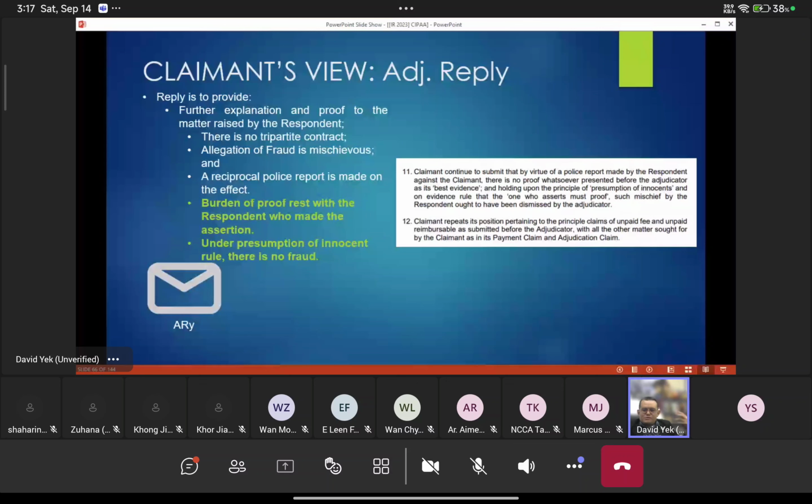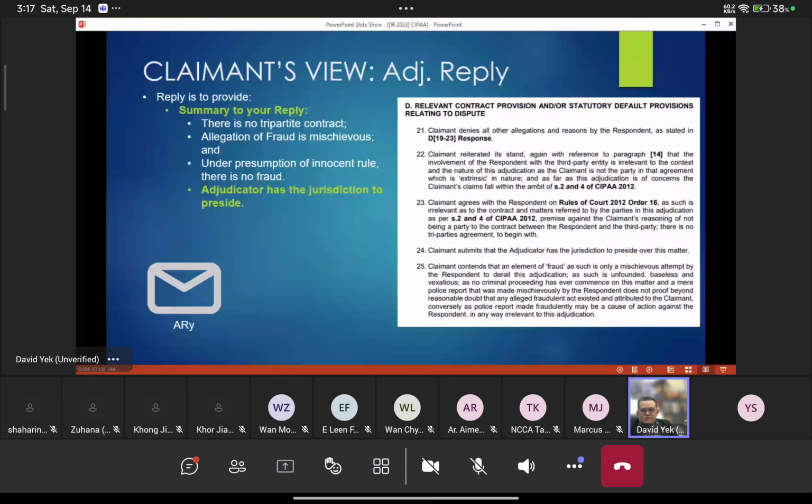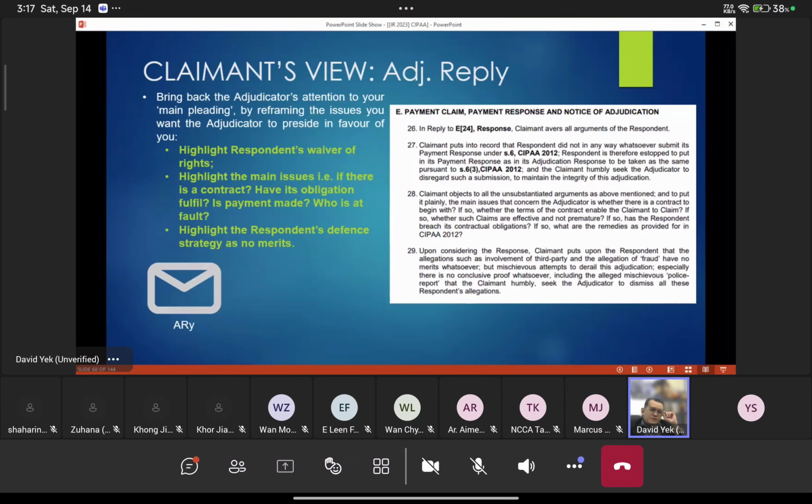You also have to explain that to the adjudicator, and prove the relevant statutory default provision relating to the dispute, to tell the adjudicator that he has the jurisdiction over this matter. So you are trying to tell the adjudicator that he has the right to adjudicate this matter. The rest is not important.